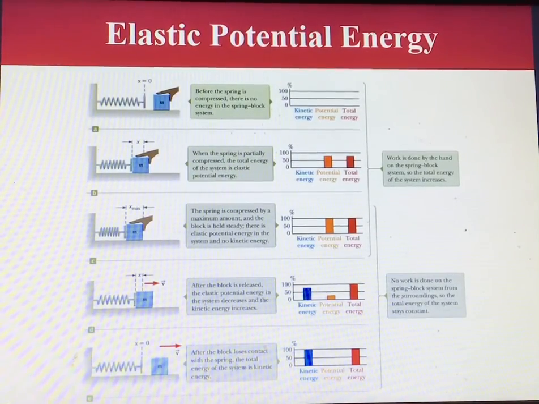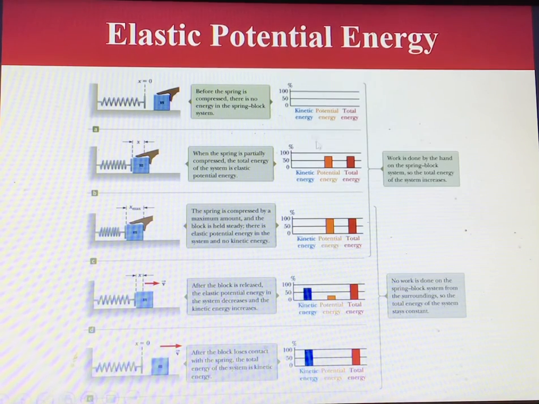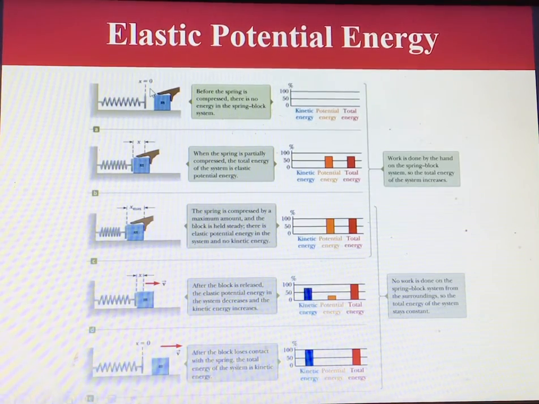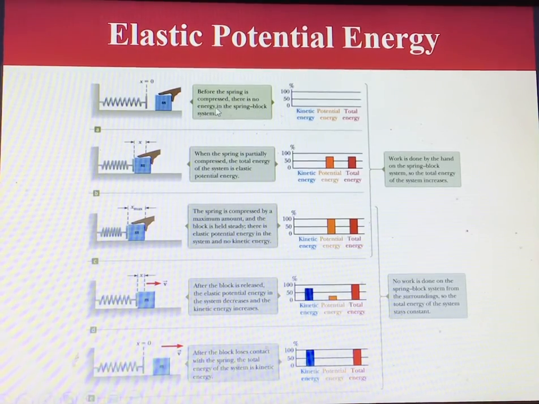Now the elastic potential energy, so what this picture shows you is the different energy diagrams of a system. So if you look at this picture right here, in the first picture, before the spring is compressed, notice that there is no energy in the system.